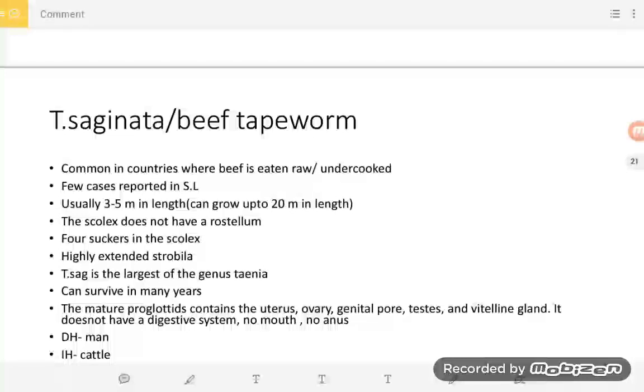Few cases are reported in Sri Lanka. It is usually 3 to 5 meters in length, and can grow up to 20 meters.